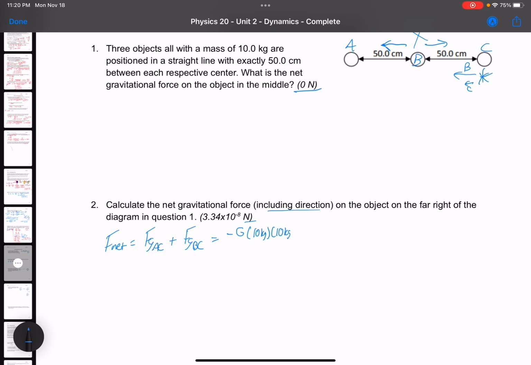You could write this as 10 kilograms squared if you wanted, but I'll put them both in. And then A to C is 50 centimeters plus 50 centimeters, which is 1 meter. And then I'm going to add another negative direction one, G, 10 kilograms, 10 kilograms. And this time B and C is only 0.5 meters squared.